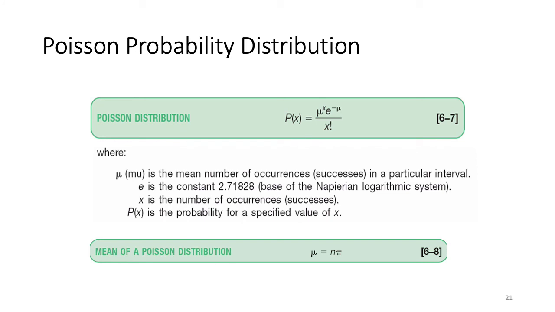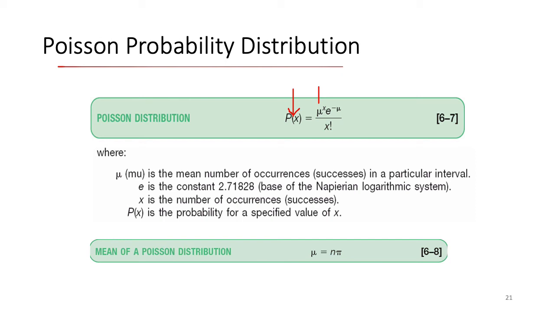Let's meet the equation for the Poisson probability distribution. The probability of x is equal to the mean occurrence, mu, which will typically be given to you in this type of question, raised to the x, which is the number of successes that we're looking to find the probability of.